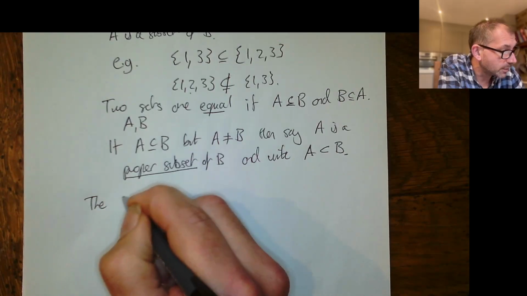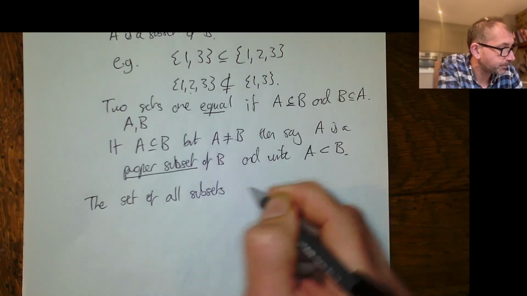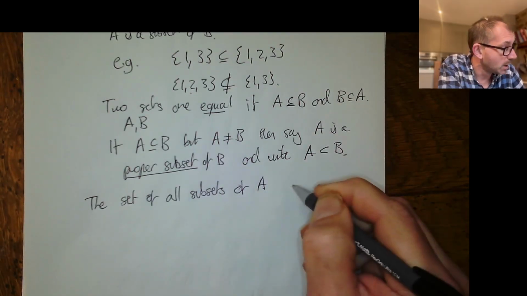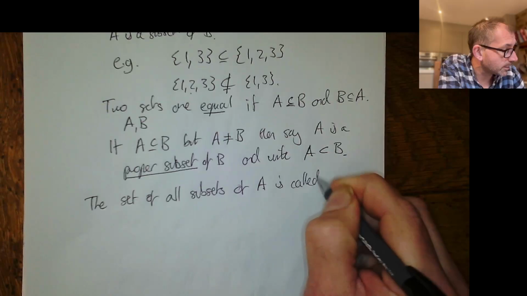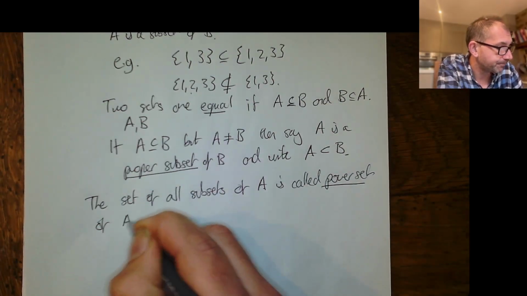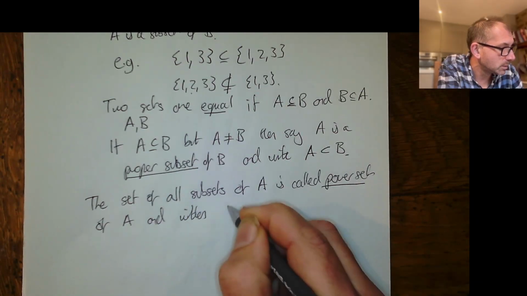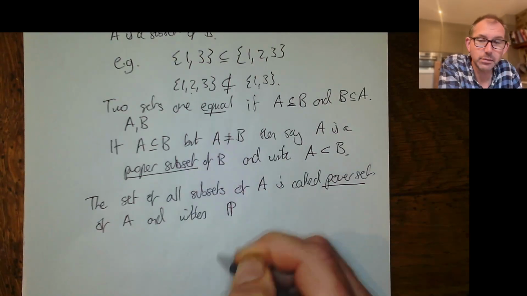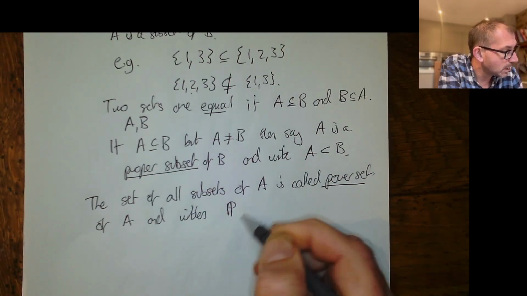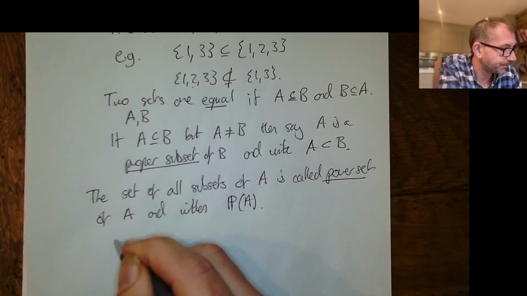So the set of all subsets of a set A is called the power set of A, and it's written so we have this another blackboard symbol, it's called P of A.